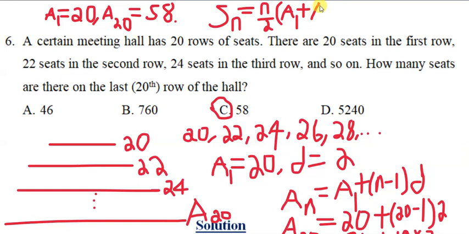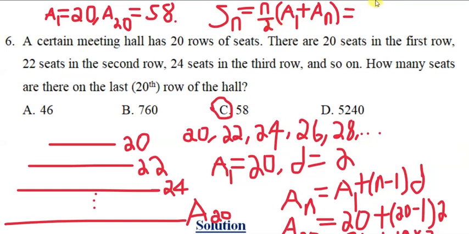This formula is helpful if and only if we know the last term and the first term. But if we don't know the last term, and are given the first term and the common difference, then we apply another formula. Here, because there are 20 rows, our n should be 20.